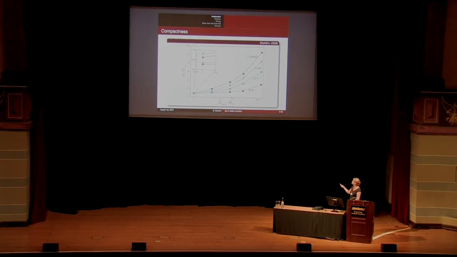Here you see a plot of the radius of the star at the ZAMS for different initial masses, and for different metallicities. In dark blue, you have the old solar abundances. Light blue is SMC. And then in green, you have a very low metallicity, but non-zero.